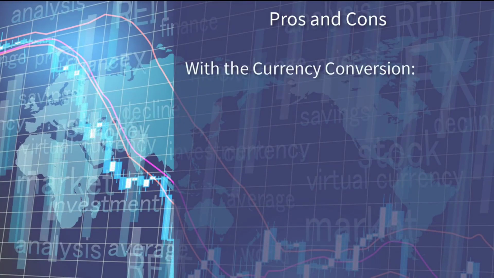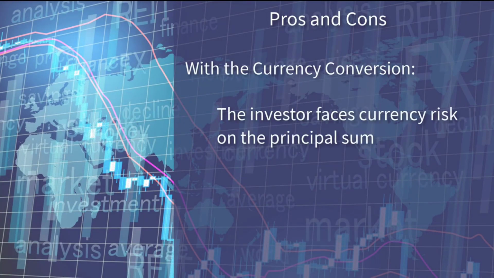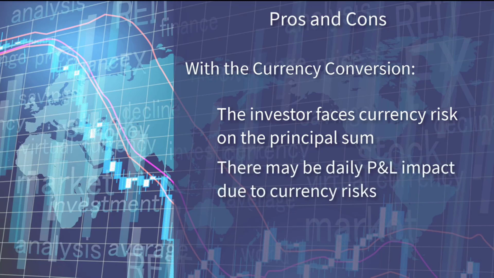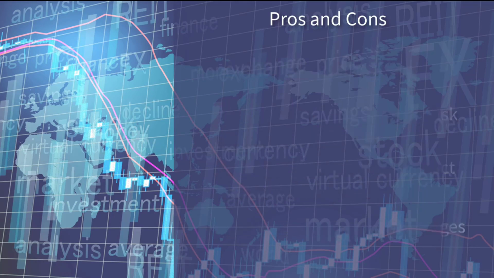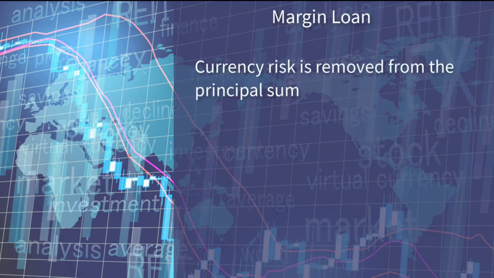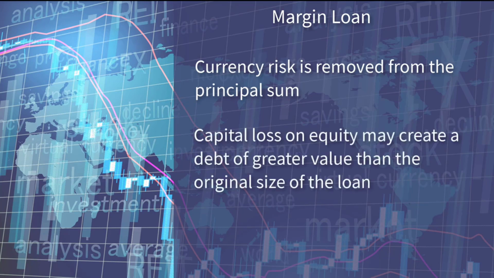Pros and cons. With the currency conversion, the investor faces currency risk on the principal sum. There may be daily P&L impact due to currency risks, but there are no finance charges. Margin loan. Currency risk is removed from the principal sum. The capital loss on equity may create a debt of greater value than the original size of the loan.